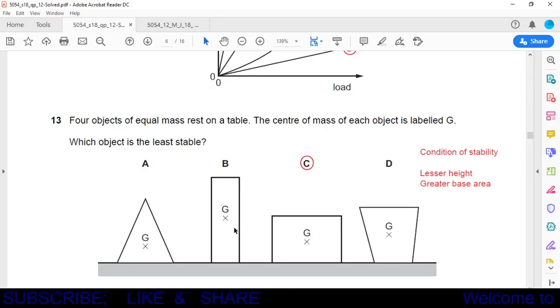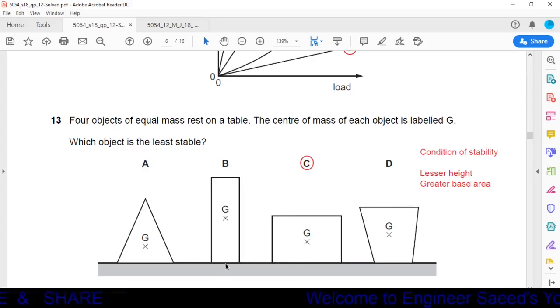If the height is less, it will be stable. If the height is more, it will be less stable. So here we are looking that height is more in option B. So in option B, the object will be least stable because height is more. Second thing, about the base area, here base area is maximum, here base area is minimum.